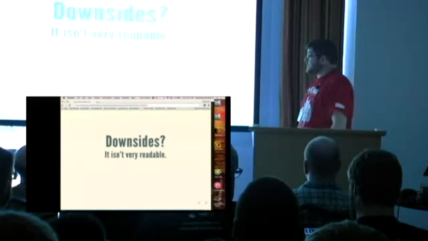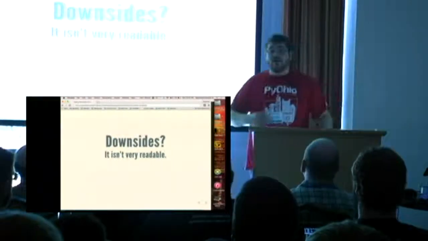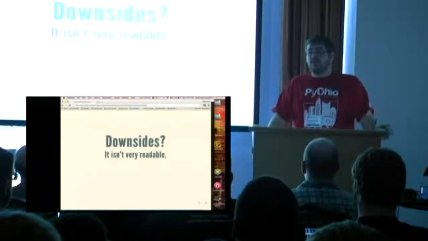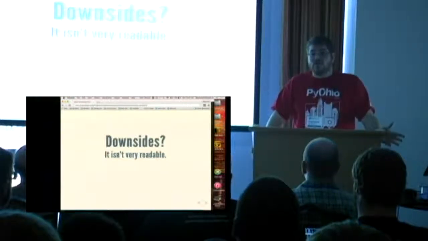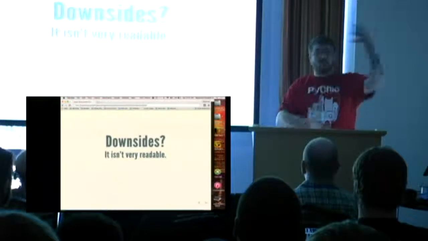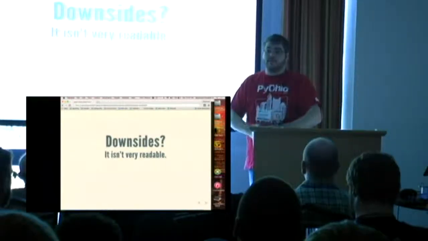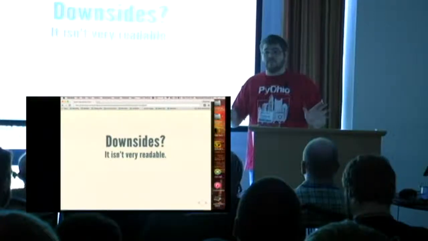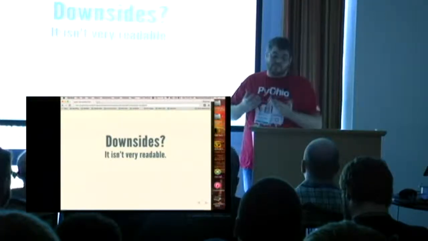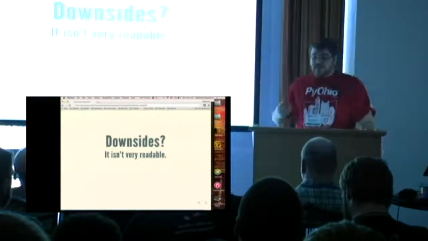So downsides to this, why you shouldn't use it: it's not very readable. I recommend if you're writing Python code, you should be focusing on readability first, always. Don't write code like everything you see here unless you know you have large data transformations you need to do and you want them always to be repeatable. That's the only reason you should use functional programming, in my opinion. My opinion is often wrong, but that's how I think about things.